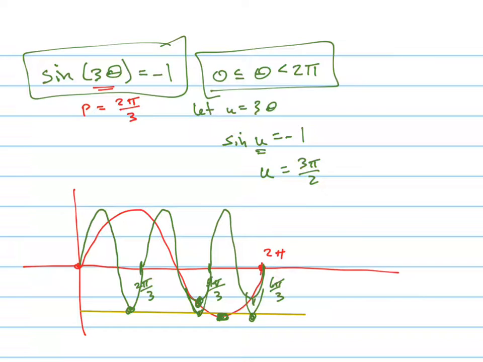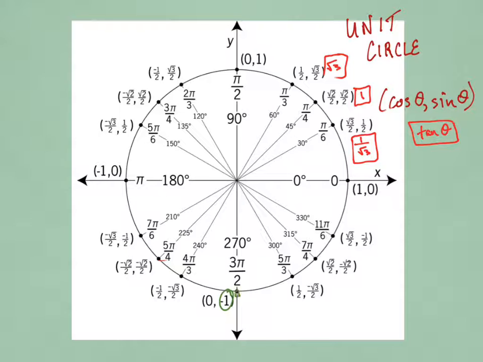So it's at 3 pi over 2, but remember, what did u equal? U equaled 3 theta. So substitute 3 theta back in. 3 theta equals 3 pi over 2. Or it could equal what besides 3 pi over 2? Because remember, it's going around the circle. On my unit circle, it can be here or a whole other time around, so add another 2 pi to it.